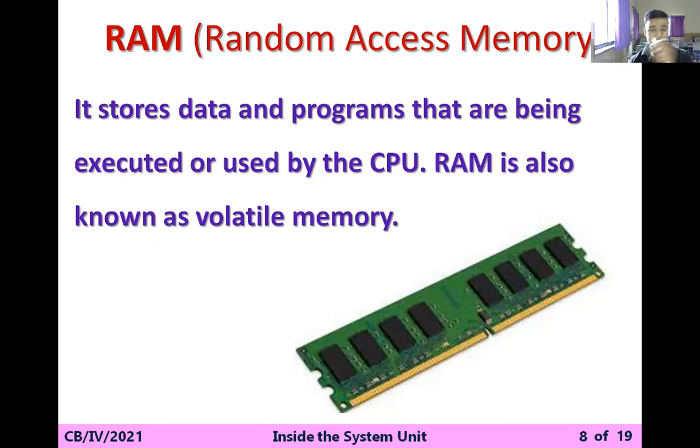So RAM doesn't store information permanently. It stores information temporarily. Got it? So we have seen two things: CPU, processor, and RAM. RAM stands for random access memory.